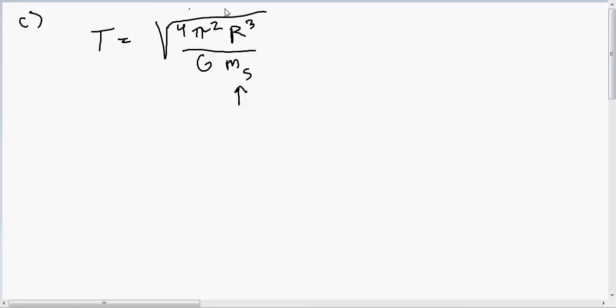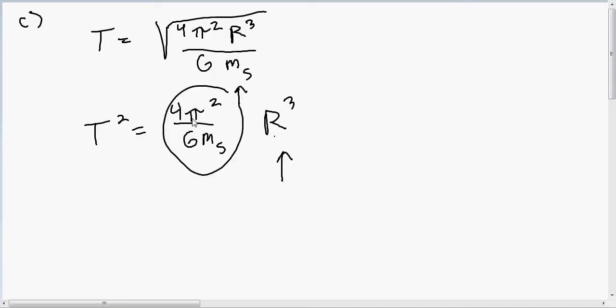So we get rid of this square root by squaring both sides. And this is the slope of the graph, and these are the two things we should graph. So the period squared is our y value, and the radius cubed is our x value, with the slope right here with the mass of Saturn inside of it. So we should compare time squared to r cubed on the graph.